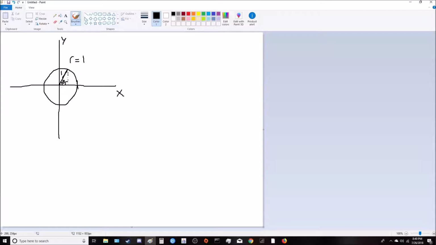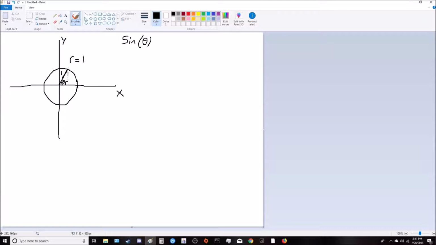So, what would happen if I were to take the sine of theta, for instance? Well, we don't know what the opposite side is, but we do know that the opposite side is entirely vertical.